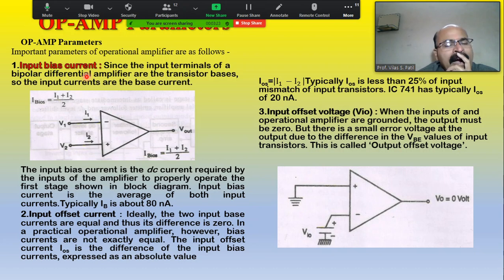What is the input bias current of the operational amplifier? Since the input terminals of the bipolar differential amplifier are the transistor bases, the input currents are the base currents.